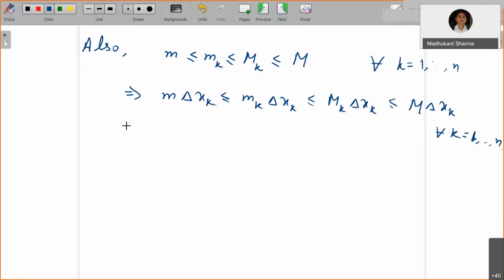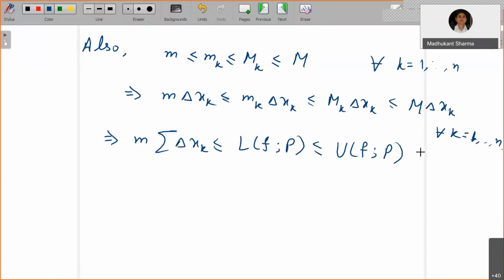Therefore, if you take the summation, because delta xk are non-negative numbers, this implies m times the summation of delta xk is less than or equal to the summation which is L(f,P), less than or equal to this, which is nothing but U(f,P), less than or equal to capital M times the summation of delta xk, k equals 1 to n.